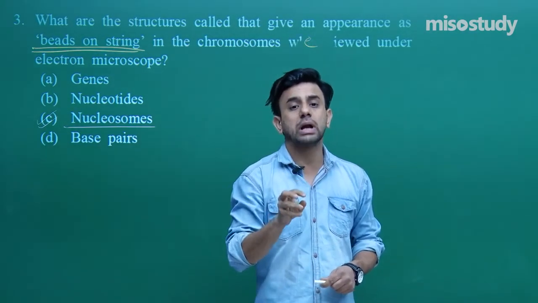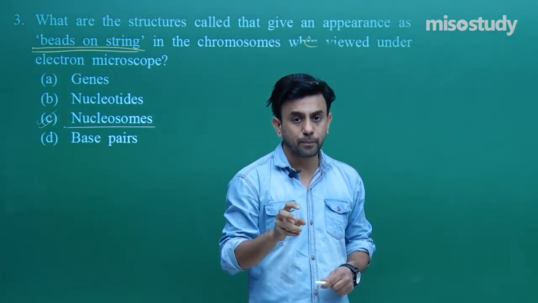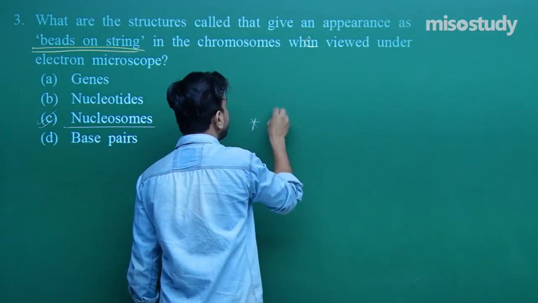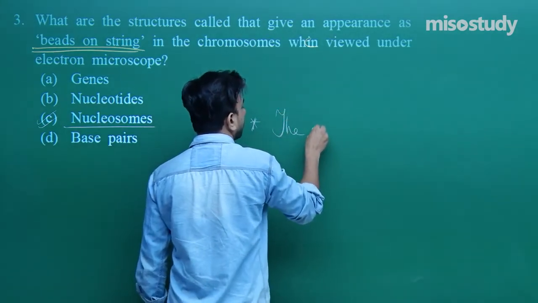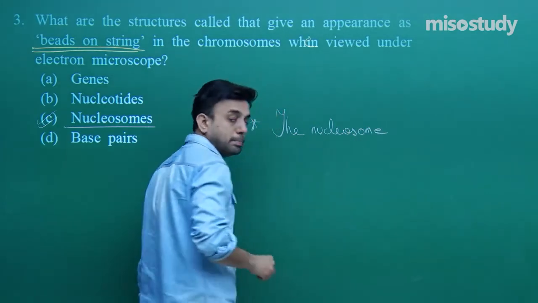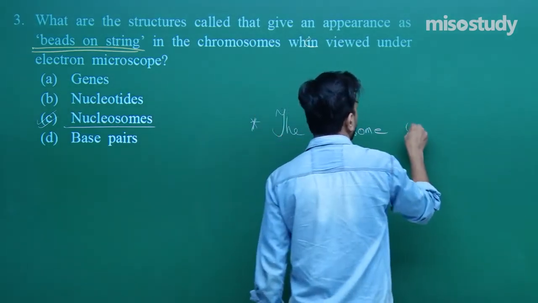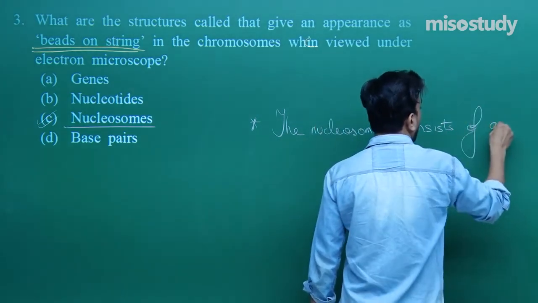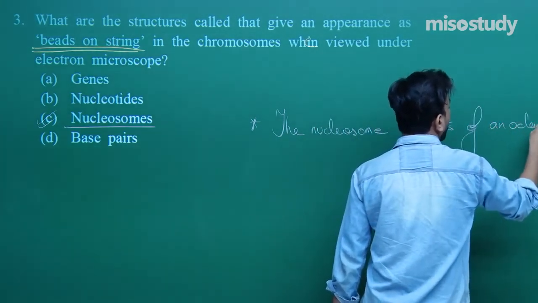So the nucleosome consists of an octamer. Why octamer?